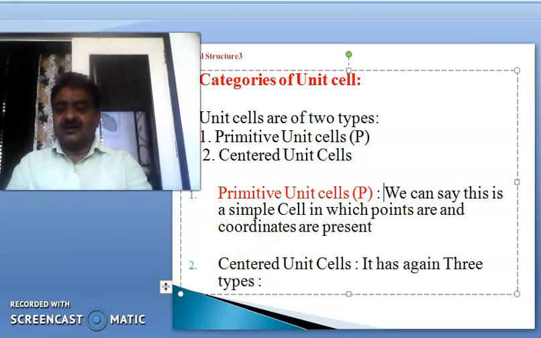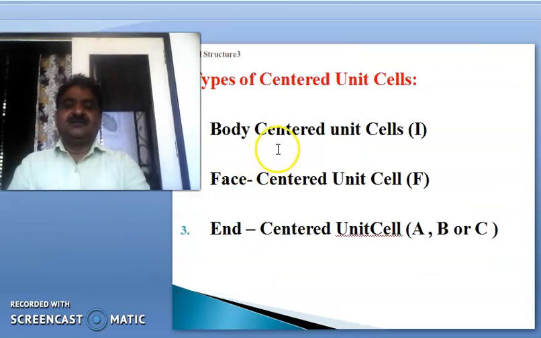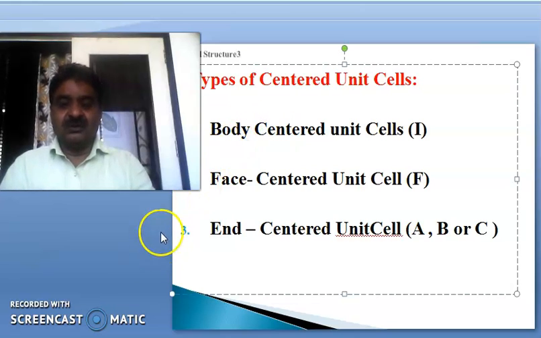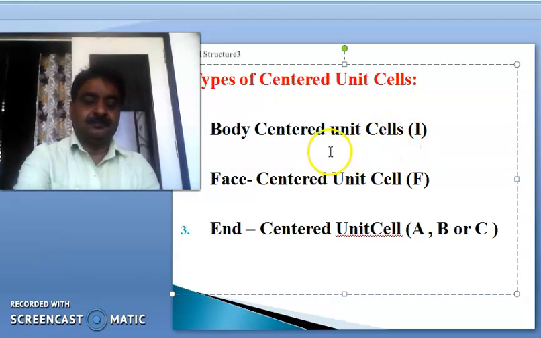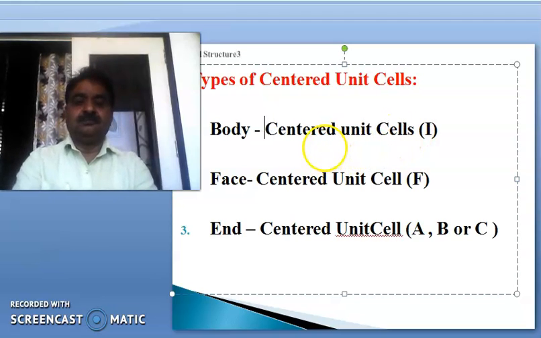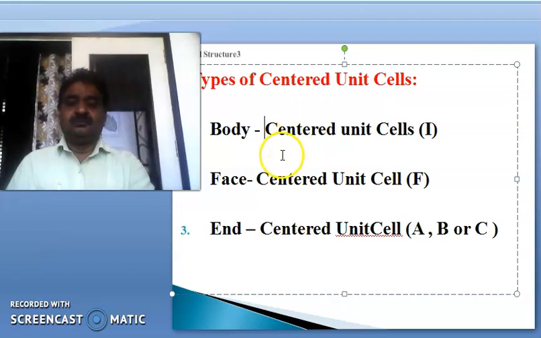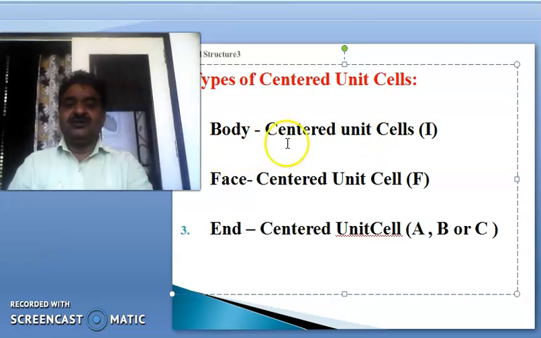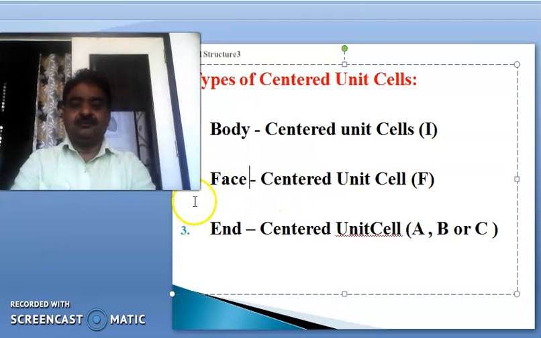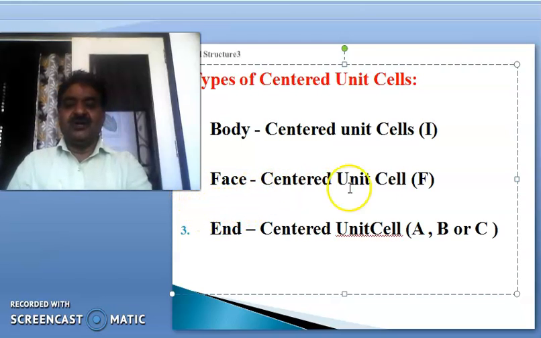These three types are as follows. Number one, body centered unit cell, BCC we can say. Next type of centered unit cell is what? Face centered unit cell, FCC.